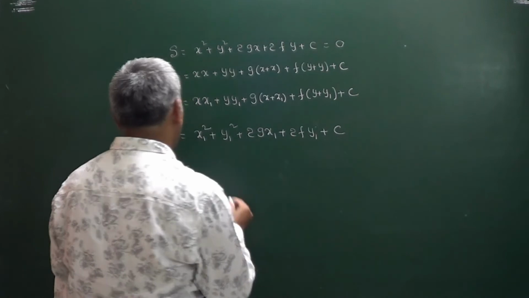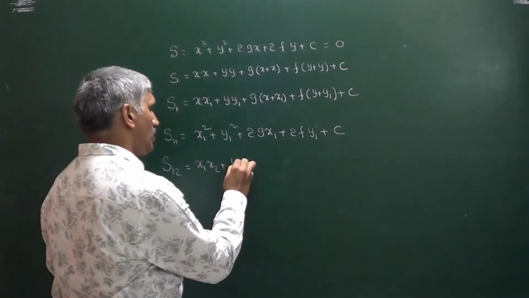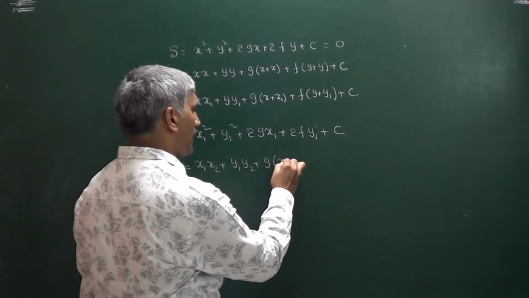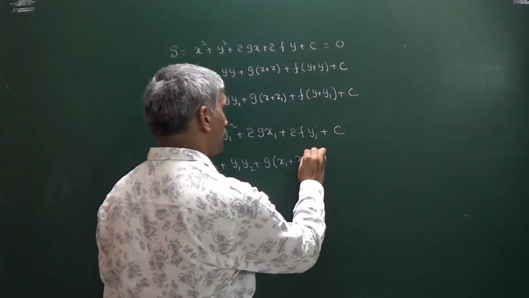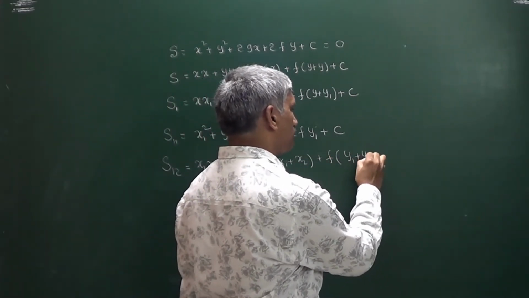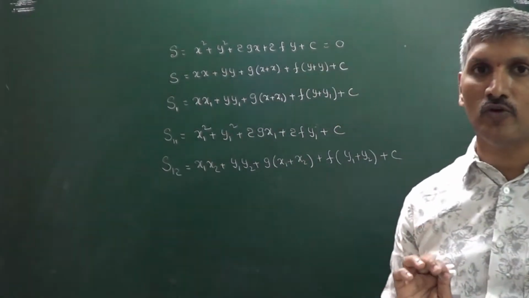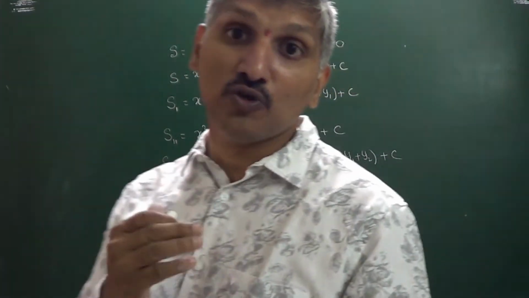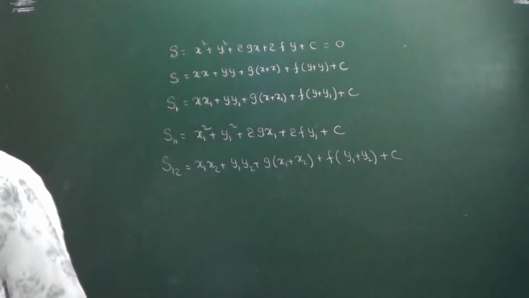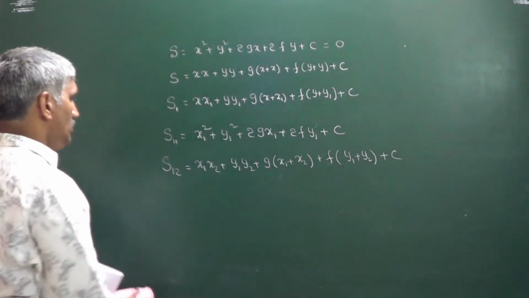So S12 is equal to x1 x2 plus y1 y2 plus g into x1 plus x2 plus f into y1 plus y2 plus c. So these are some useful notations which we are going to use especially for objective exam purposes, so better to remember these notations.